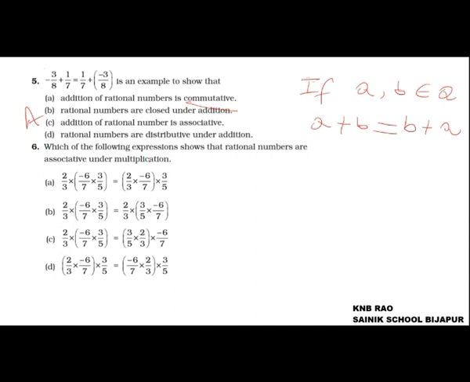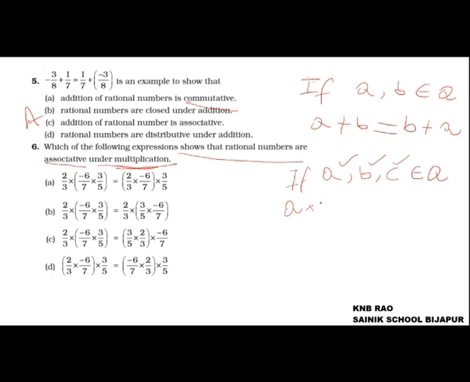Next, sixth question. Which of the following expressions shows that rational numbers are associative under multiplication? So children, once the word associative comes, we have to take not 2 but 3 rational numbers A, B, C. Here he is talking about the property under multiplication.